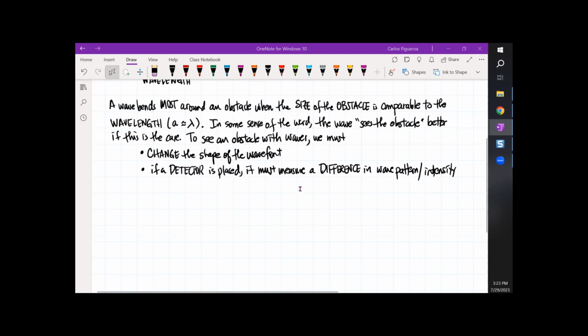So the first thing I want to do here is assume a wave detector is placed behind some obstacle.